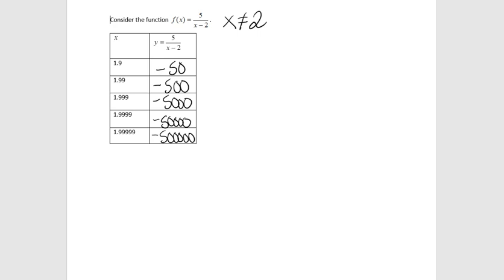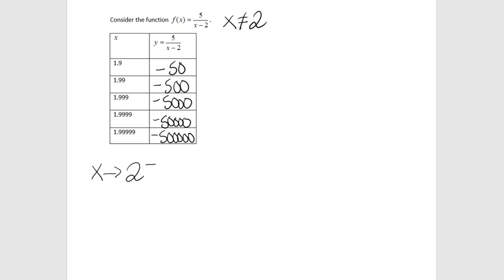Now let's discuss how we write mathematically what is happening in our table. So first, let's take a look at the x's. As we already discussed, we have chosen x's that are a little bit smaller than 2, but they are getting closer and closer to 2. So mathematically, we write x arrow 2 superscript little minus symbol.